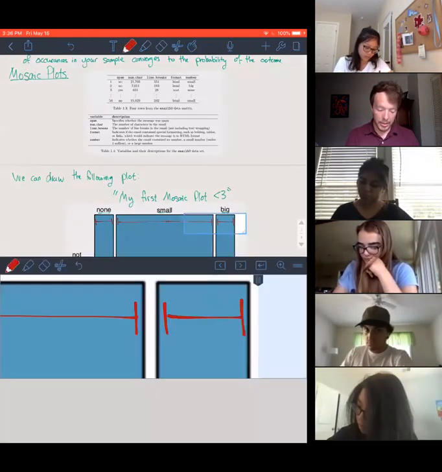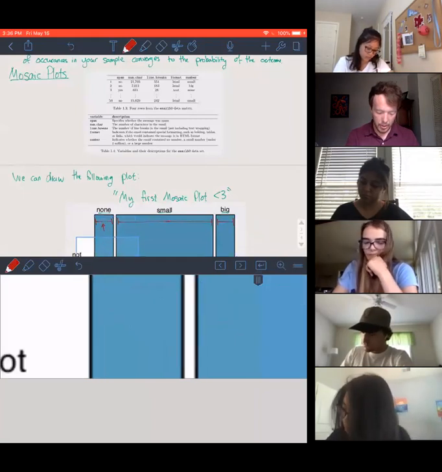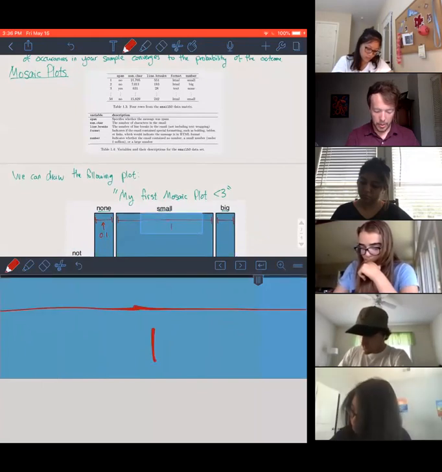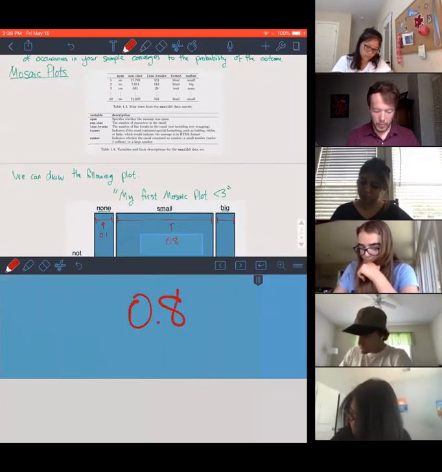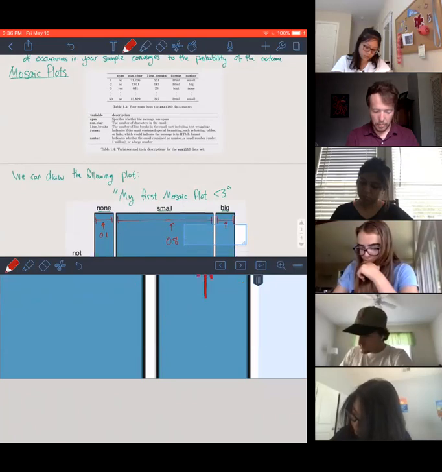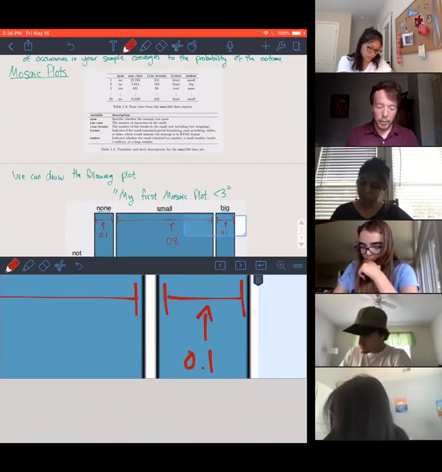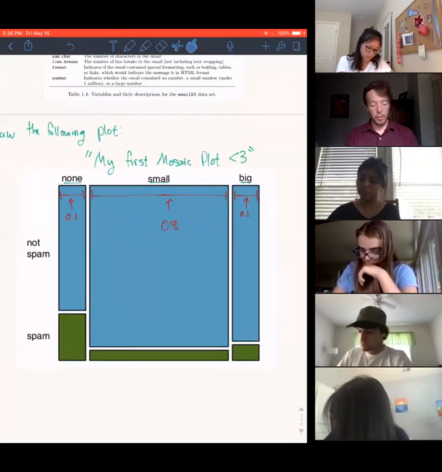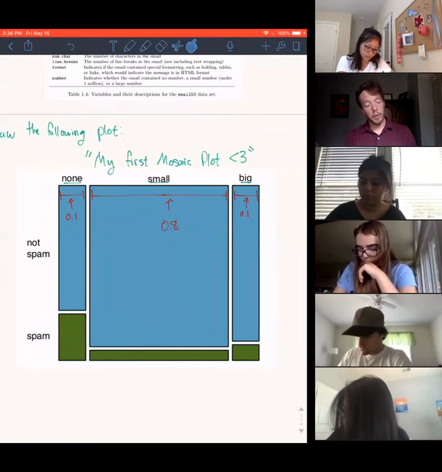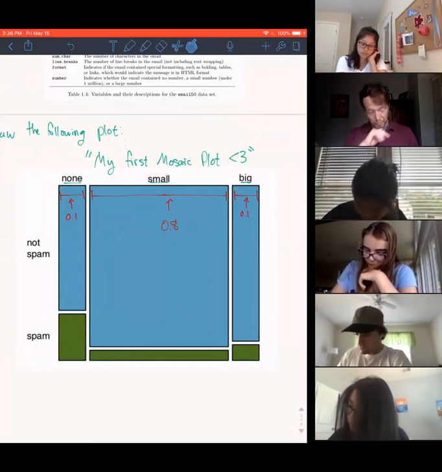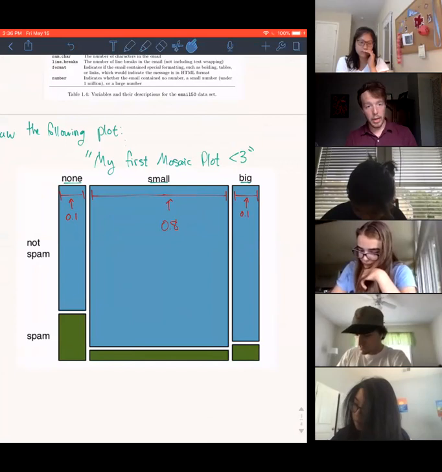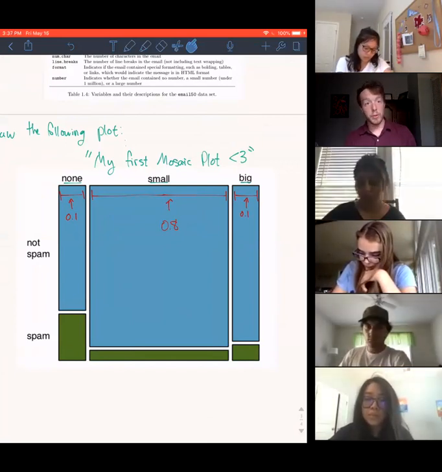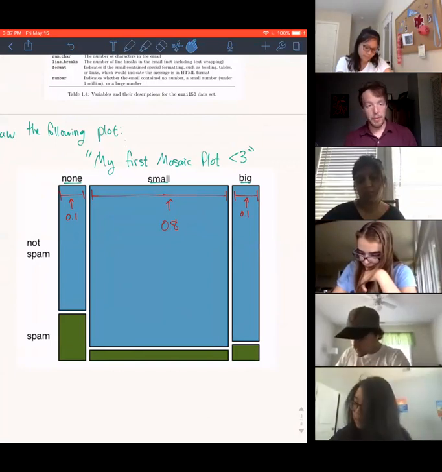So just as a guess, I might say that this is maybe around 0.1, maybe this is around 0.8, maybe this is around 0.1. So without even thinking about what's happening on the left side, the top tells you, well, of all of the emails, approximately 10% of them were classified into none, approximately 80% of them were classified as small, and approximately 10% of them were classified as big.